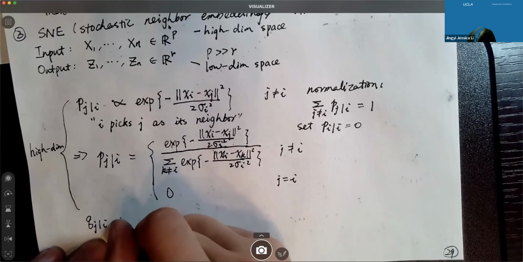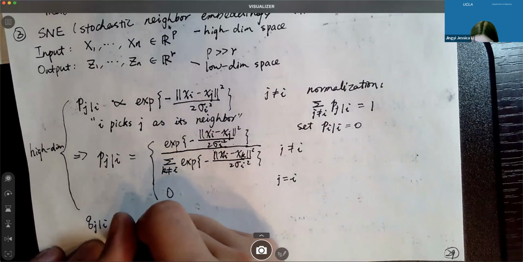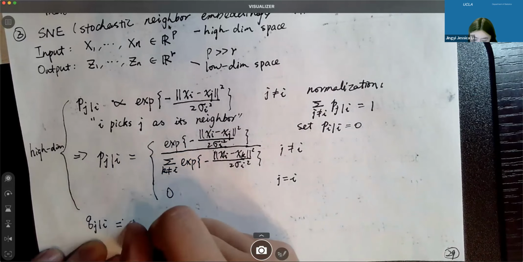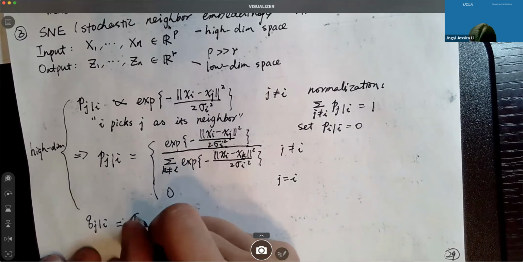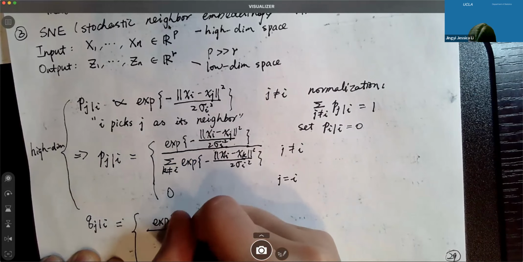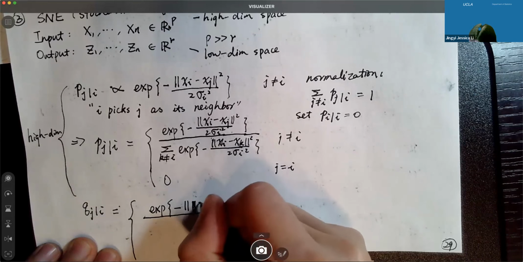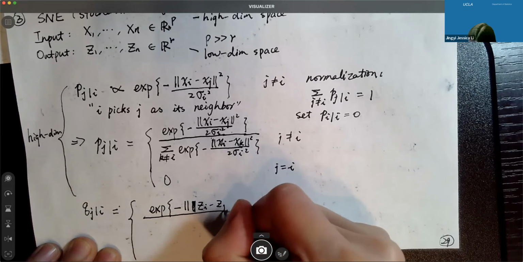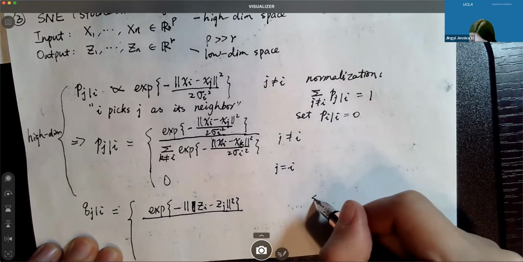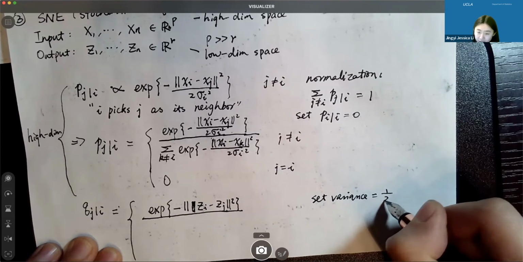Okay, so in this case, you see, fixing this at 1/2, we would have this as what? I'll just write here. It would be exponential, the same. And it will be the Euclidean distance between, sorry, I should say z_i and z_j squared, in the low dimensional space, because we set the variance to be 1/2 for all the i in the center.